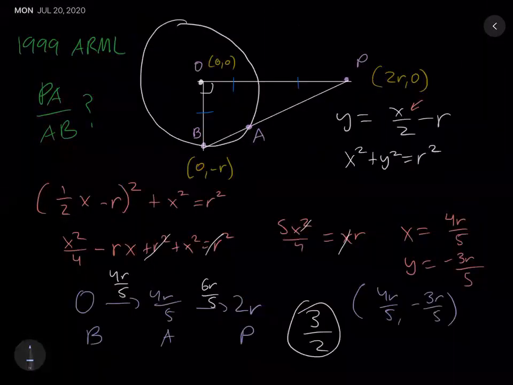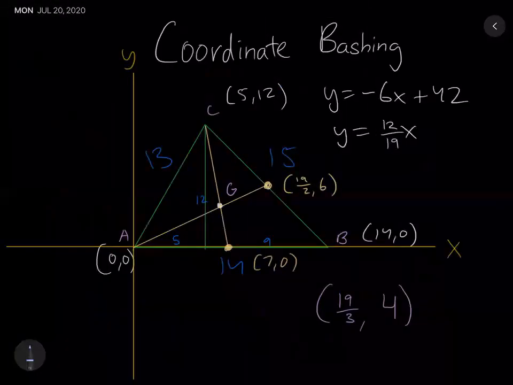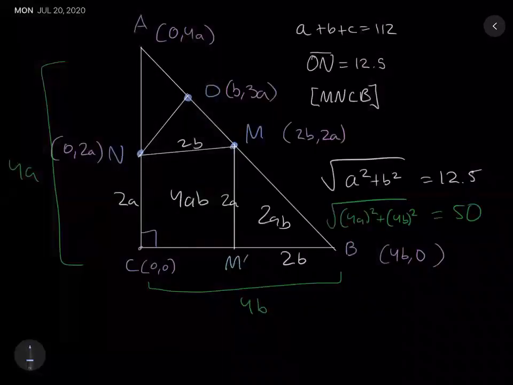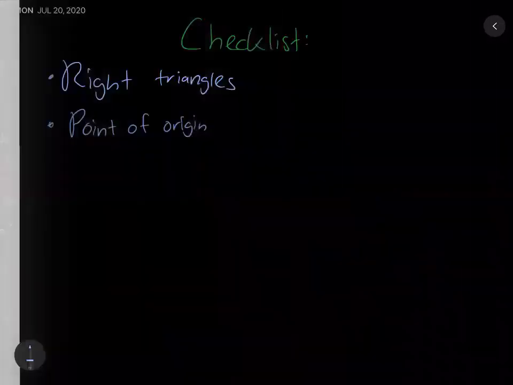For this problem, same thing. It was the vertex of the right angle. For this problem, it was one of the vertices of the triangle that allowed point B to lie strictly on the x-axis. Yeah, so whenever there's a good point of origin, coordinate bashing might be the right choice.